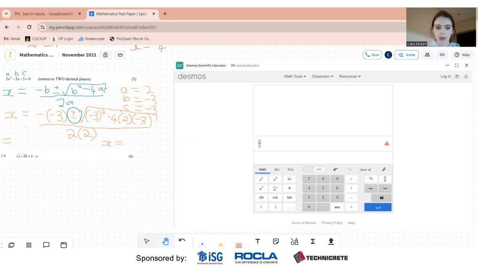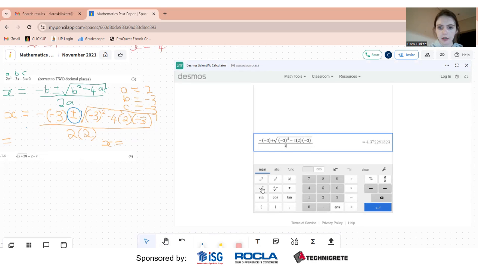So I'm going to type in my equation, which is negative 3 plus the square root of negative 3 squared minus 4 multiplied by 2 multiplied by negative 3, over 2 multiplied by 2.